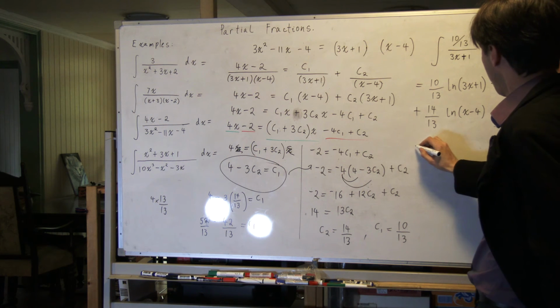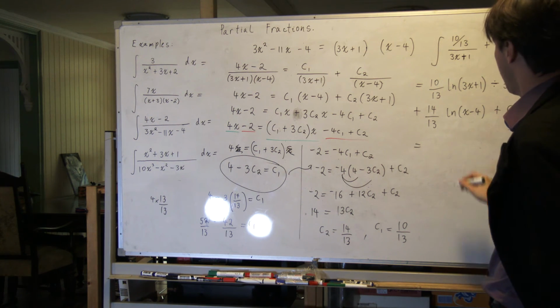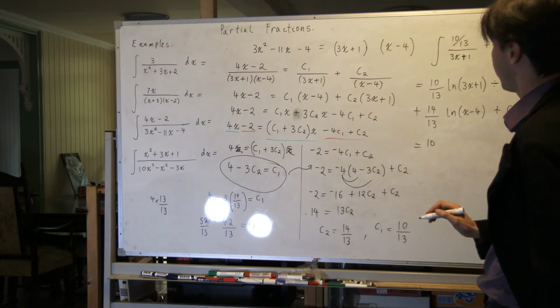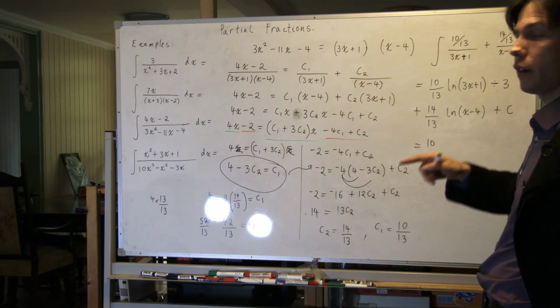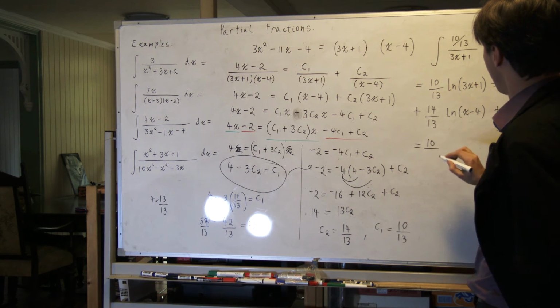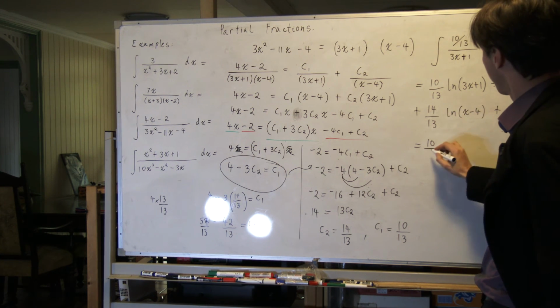So we can express this in the end as, if we have 10 over 13 dividing by 3, that's like 10 over 13 times 1 over 3. This denominator gets tripled.